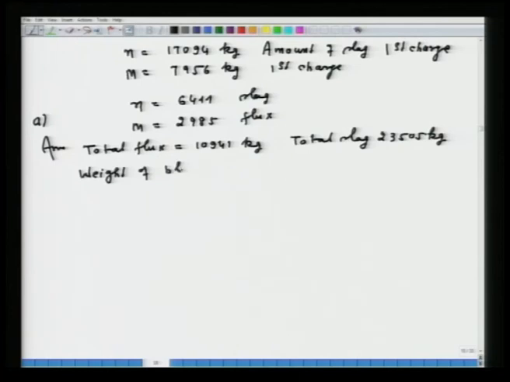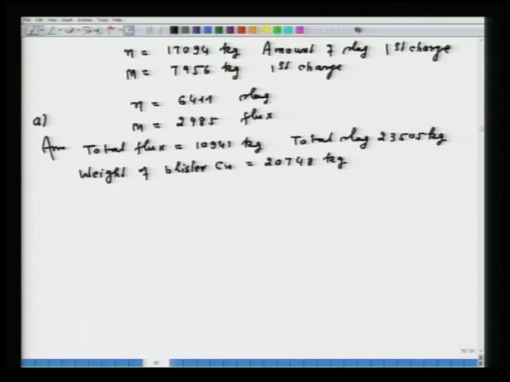The weight of blister copper can be easily found by doing a copper balance, and this is equal to 20,740 kg. Now, the problem further wants to know the air for the entire operation, that means the slagging period and the blister copper formation period.